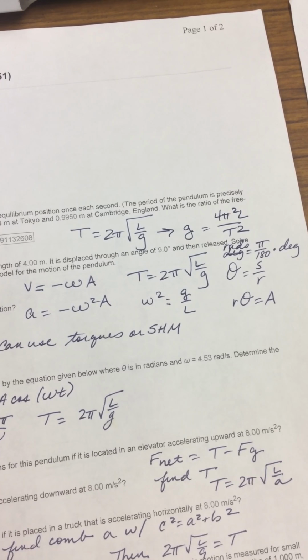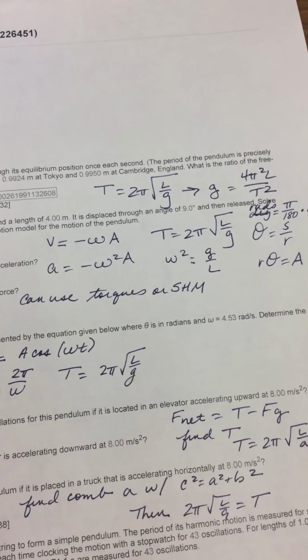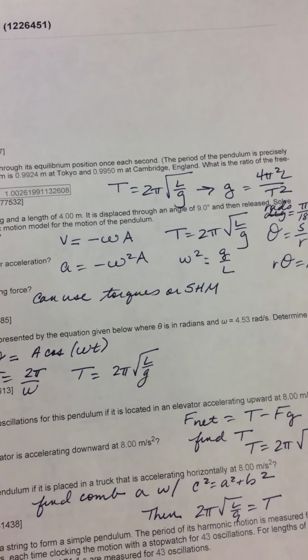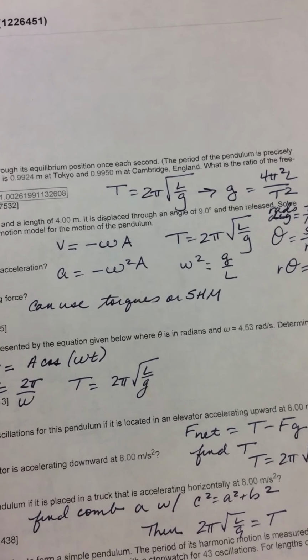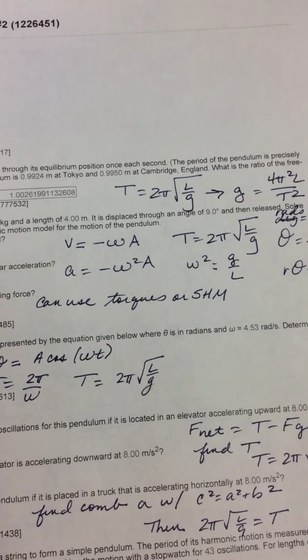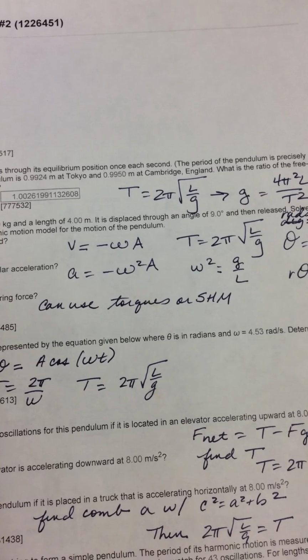It gives you a way to find amplitude here by using r theta equaling A. If you're going to look at torque, do keep in mind that the torque is being caused by the sine component of gravity as the force, and the length of your pendulum is going to be your radius.